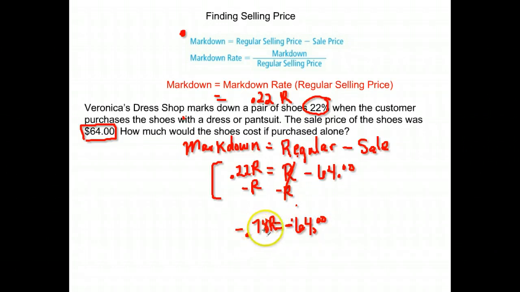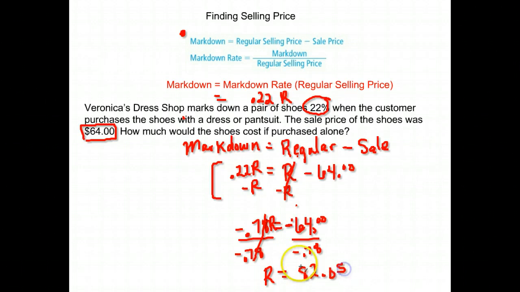So I have negative 0.78 R equals negative 64. To solve this, 0.78 times R, I do the opposite and I divide by negative 0.78. When I do that, I get my regular price of $82.05.